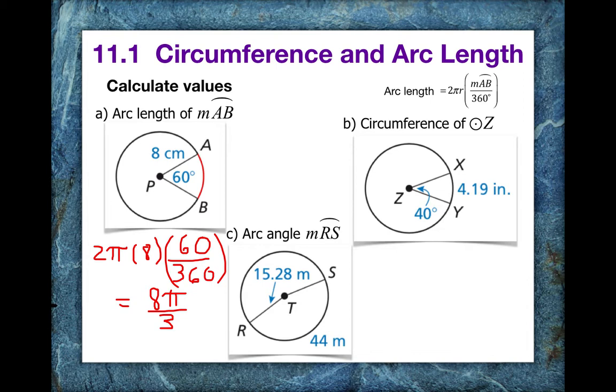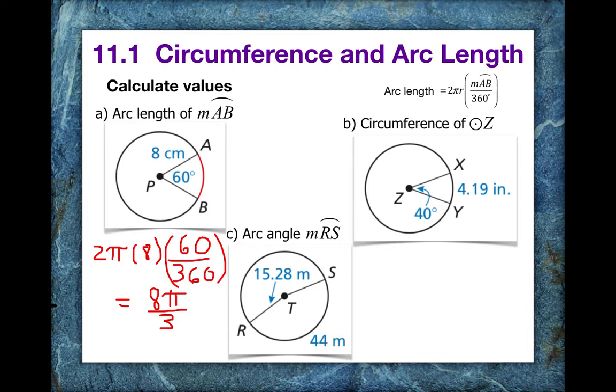Now let's try the circumference of the circle Z. Since we know this angle and we know how much arc there is for that much angle, we're going to use the circumference formula with the angle.